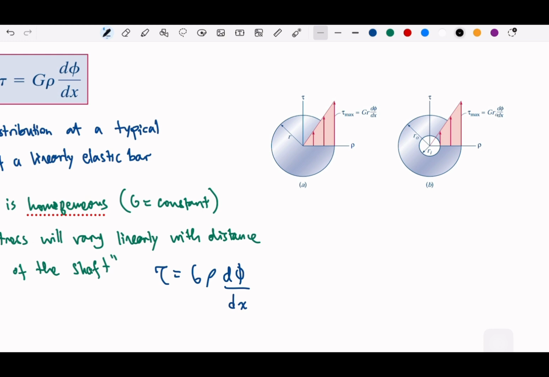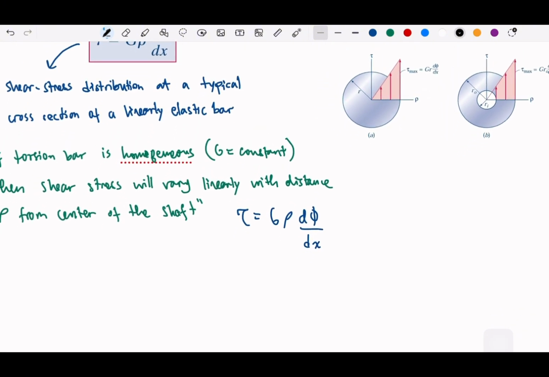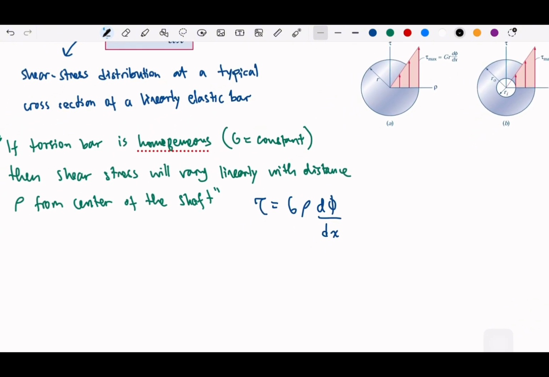So we can write down the resultant torque from the previous part as the integration with respect to A of G, rho, d psi dx, and then dA.